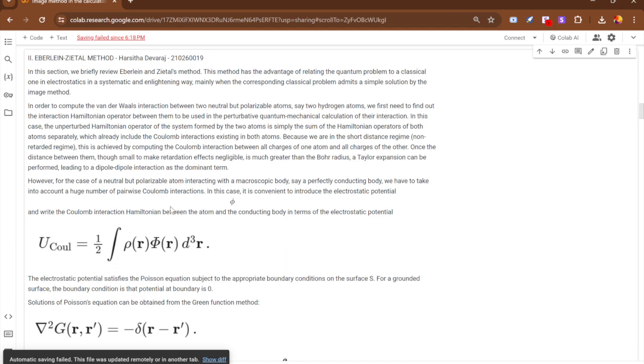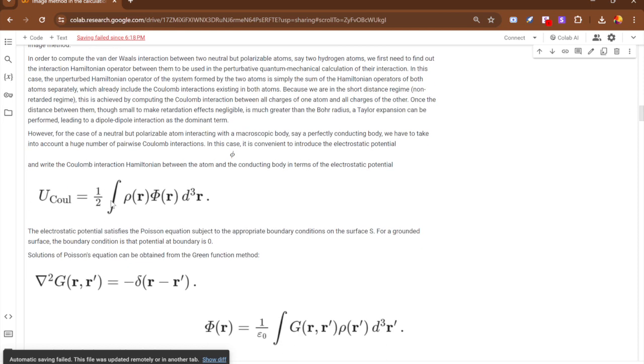In such a case, it will be convenient to introduce the electrostatic potential phi, and we can write the Coulomb interaction Hamiltonian between the atom and the conducting body in terms of the electrostatic potential. So U Coulomb is equal to half of rho into phi, integrated over the volume. The electrostatic potential satisfies the Poisson equation and is subject to a boundary condition on the surfaces.